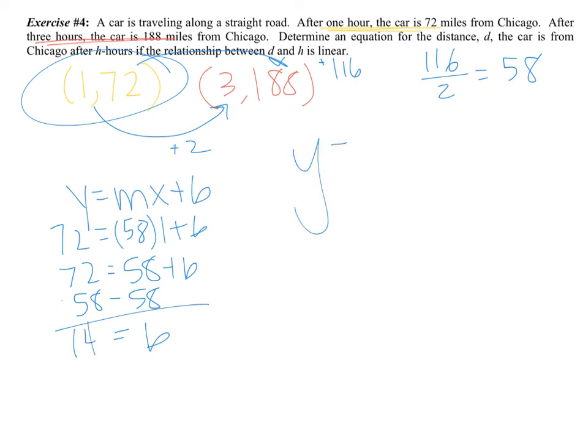So our equation is, sorry, not y, because they want us to use d for y. Our distance is 58 h for hours plus 14.